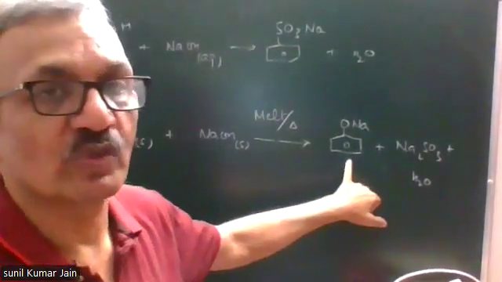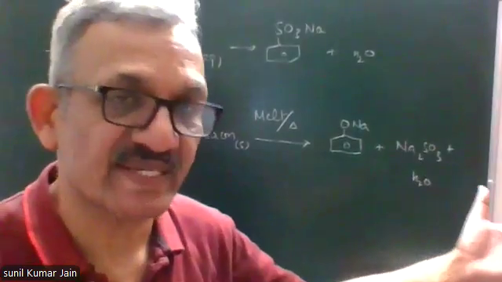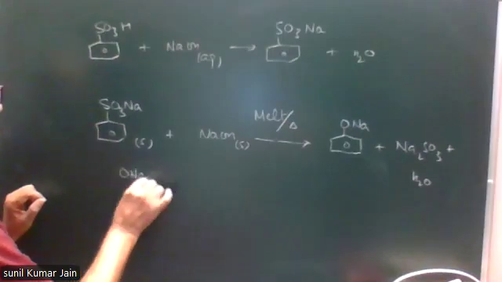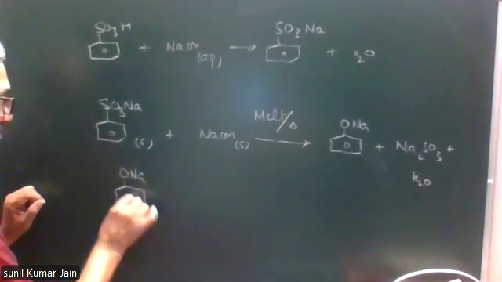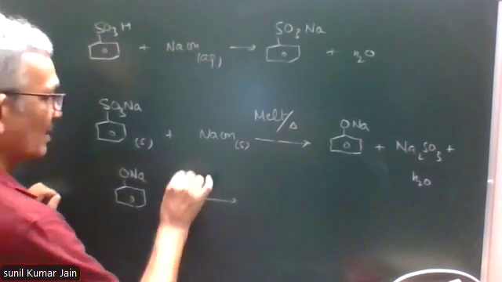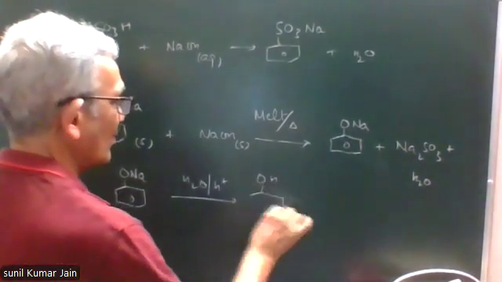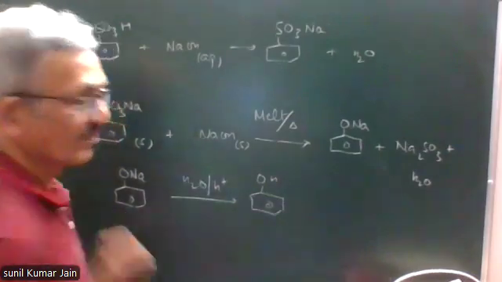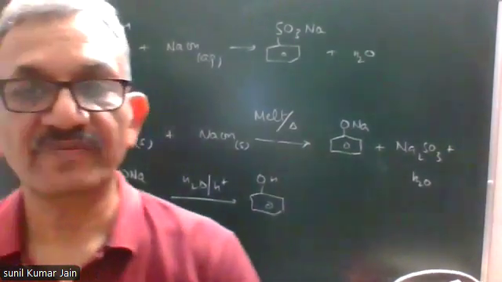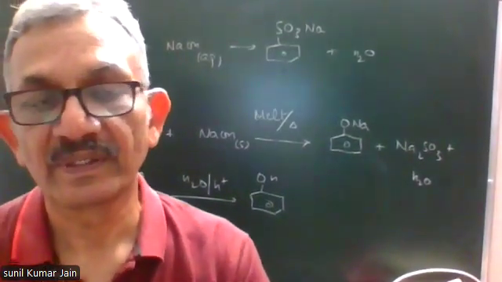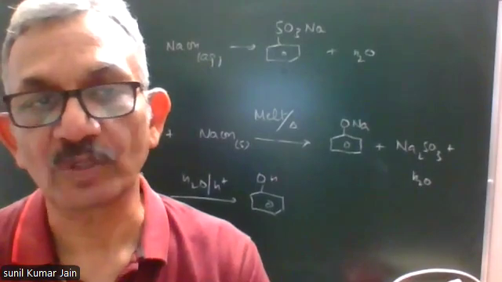In the last step, sodium phenoxide is subjected to acidic hydrolysis and we get phenol. Ultimately, phenol is obtained. Next topic.